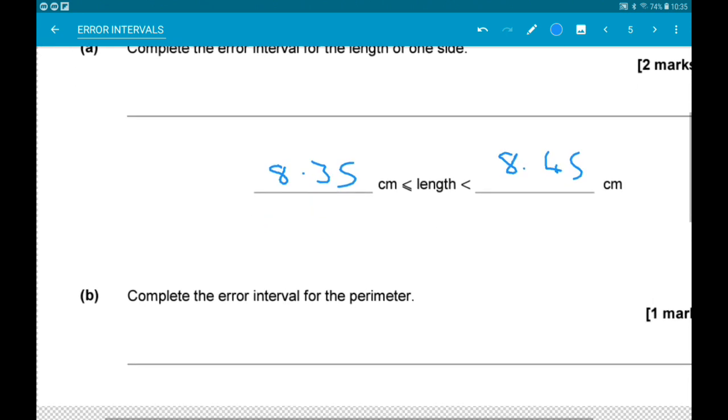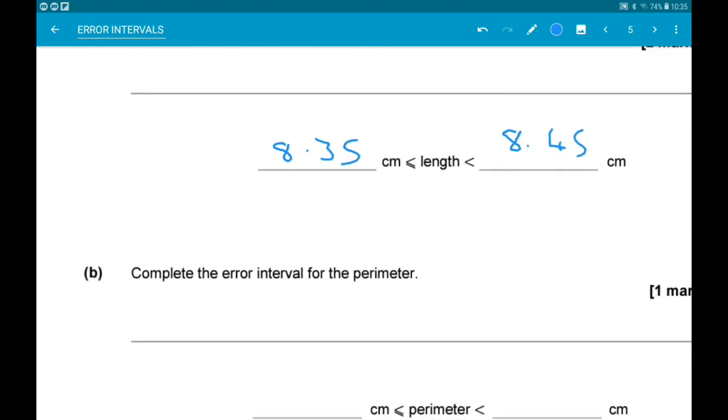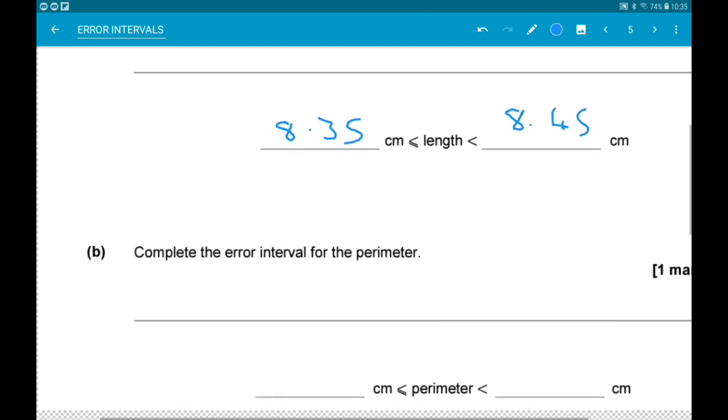Okay, and then we want to complete the error interval for the perimeter. So a pentagon has 5 sides. If it's regular, all sides are the same length. So for our lower bound, we do 5 times 8.35.